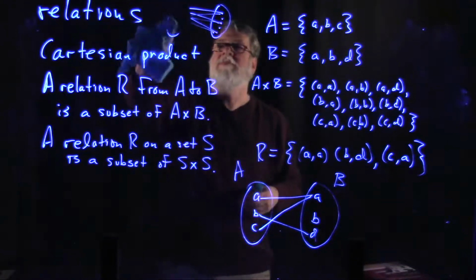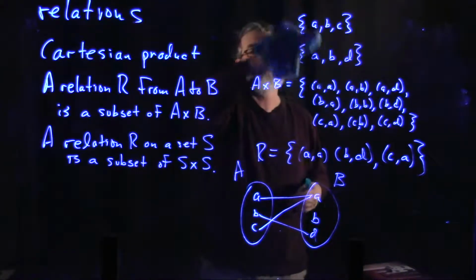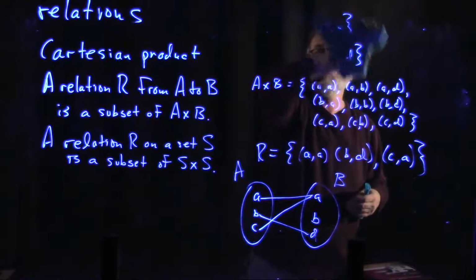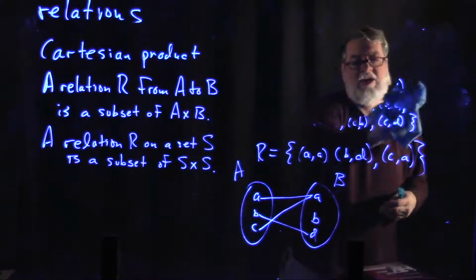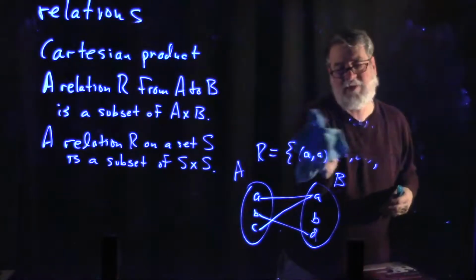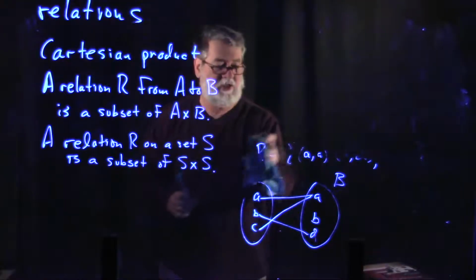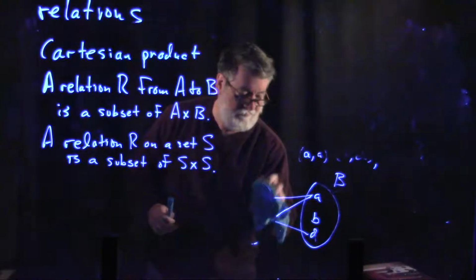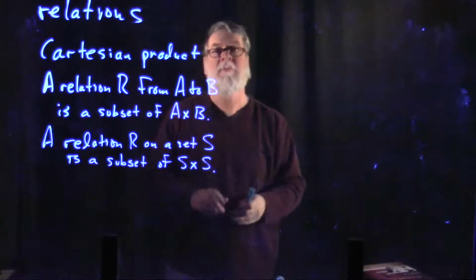All right, so let me add one more piece of notation, and then I'll show you how we use this, and hopefully it'll make even more sense. The notation that we'll use is we'll put R as a symbol in between two elements. So let me show you what I mean. The technical definition is this.